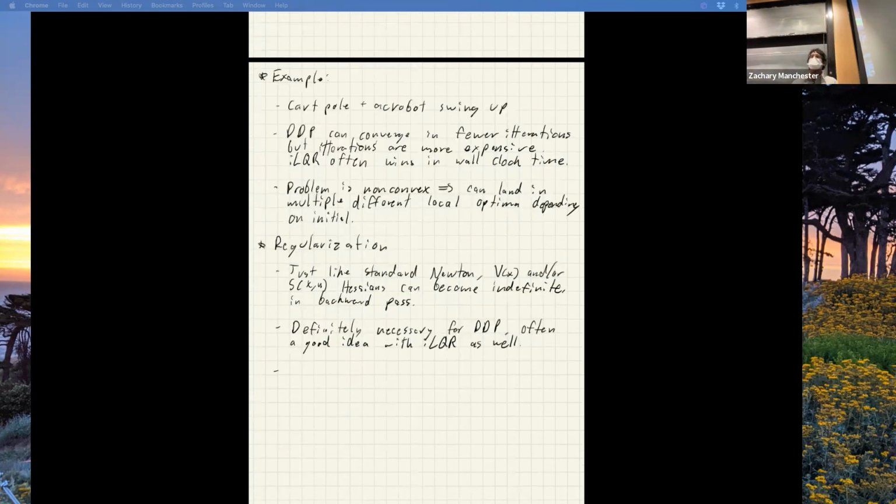So in standard Newton, right, it was cut and dry. You pad the Hessian with the multiple of the identity. Here, it's less obvious what to do. There's a few different things you can do and that you'll probably see in practice. So here we go.